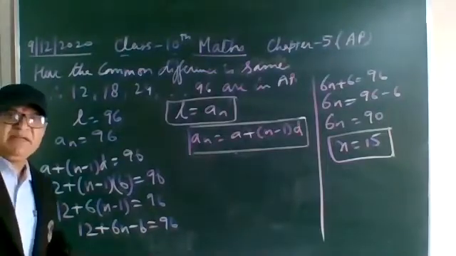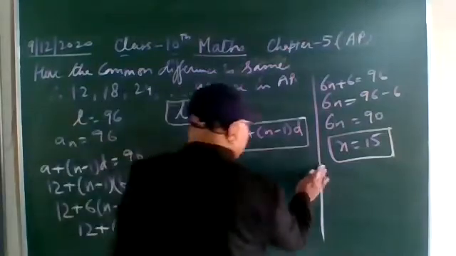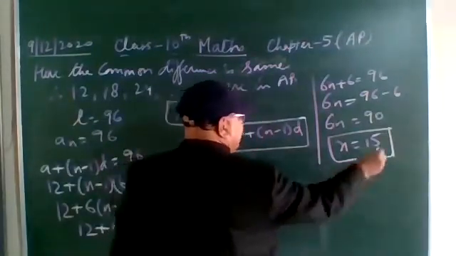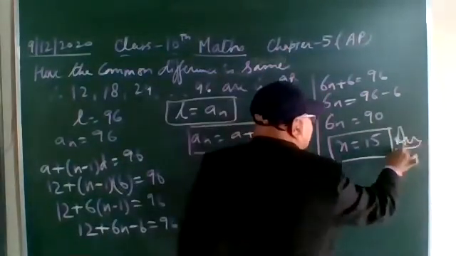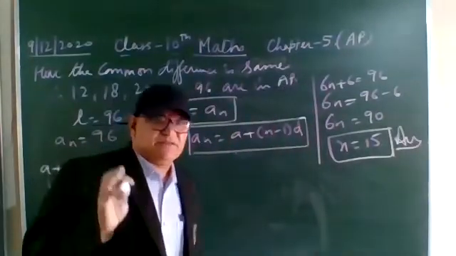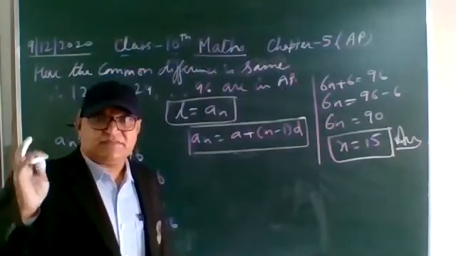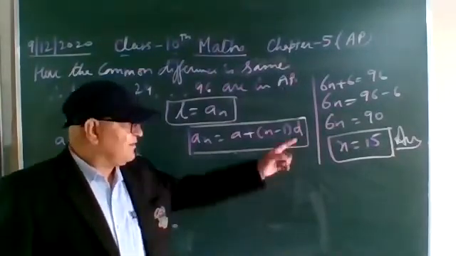So how many numbers are there? n is the answer. Two-digit numbers which are divisible by 6 are 15.